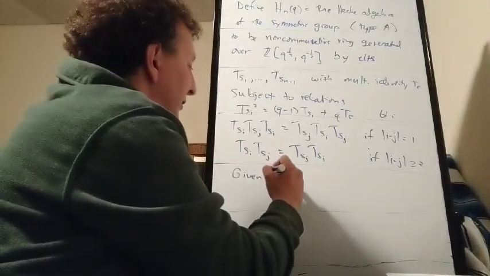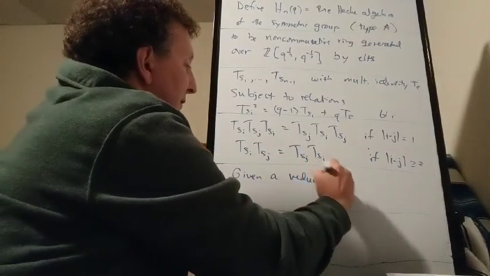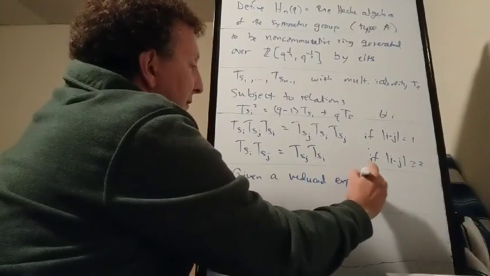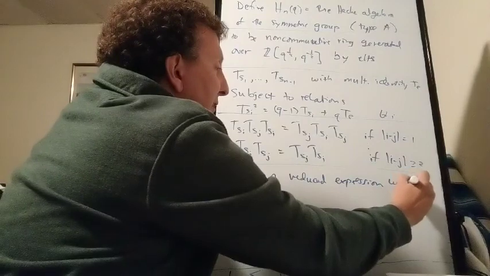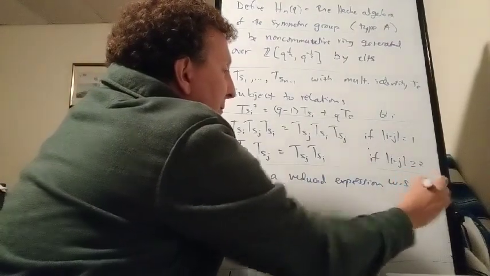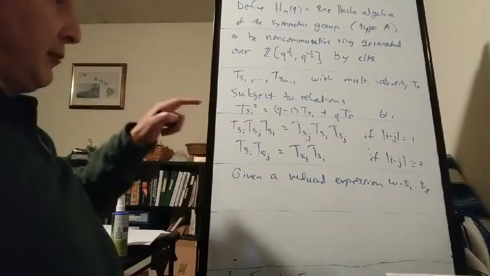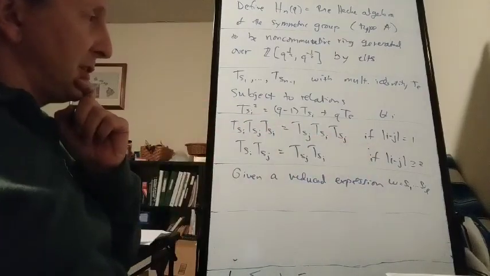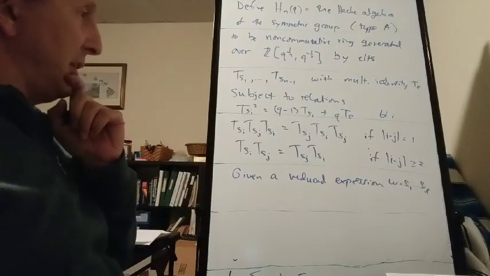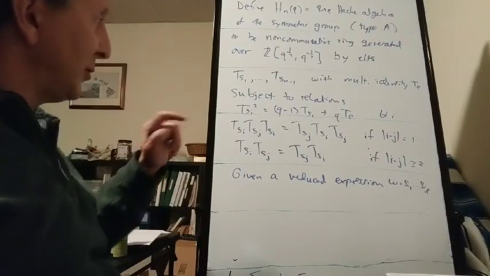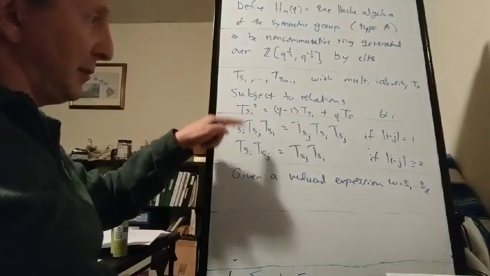Now, if we have a reduced expression, let's say w equals s_{i_1} through s_{i_l}, and we multiply the corresponding generators of the Hecke algebra, we'll have something like T_{s_{i_1}} times T_{s_{i_2}}.